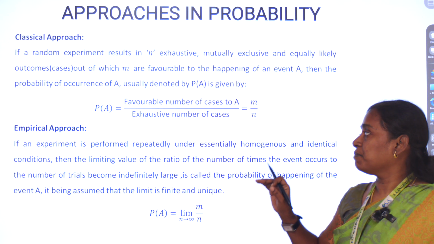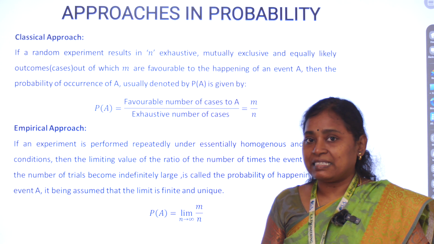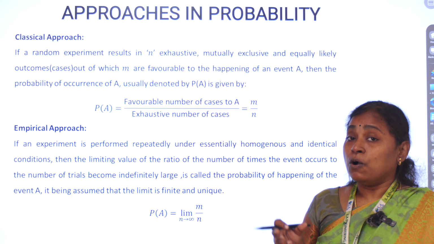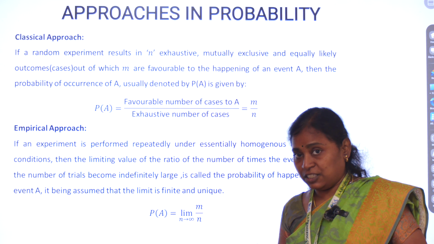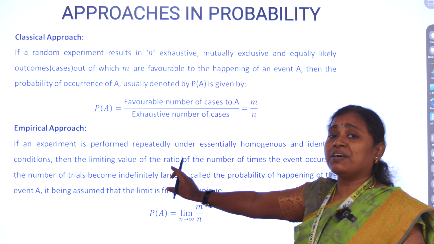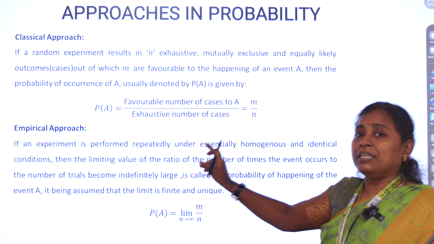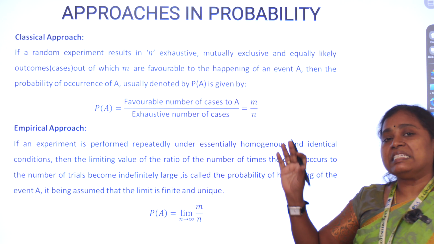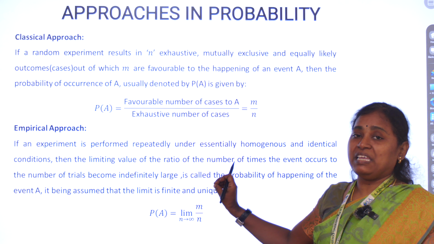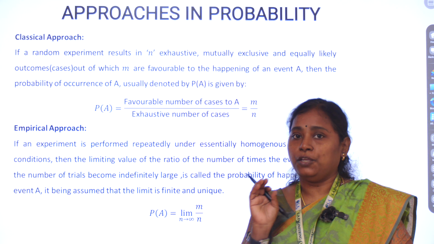Next is empirical approach. The empirical approach states that if an experiment is performed under homogeneous and identical conditions repeatedly, then the limiting value of the ratio of the number of times the event occurs to the number of trials, as the number of trials becomes indefinitely large, is the probability of happening of an event A. It is assumed that the limit is finite and unique.